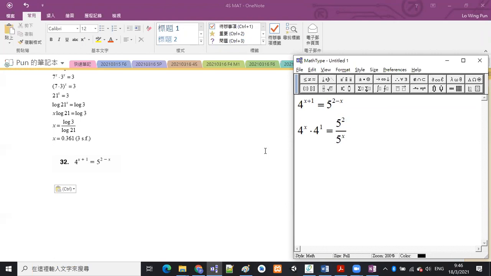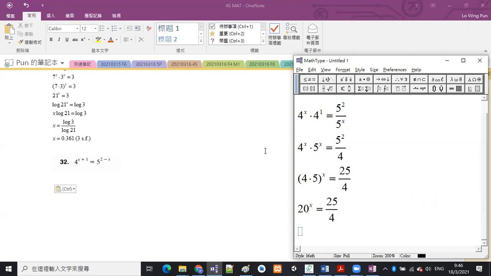Then I group all the terms with x to one side and all the terms without x to the other side. So 4 to the power x times 5 to the power x is equal to 5 squared over 4. Then we take out the power x, and it is 25 over 4. So 20 to the power x becomes equal to 25 over 4.